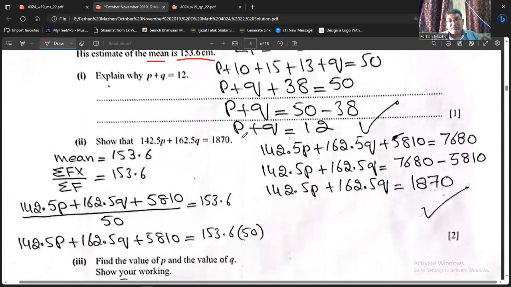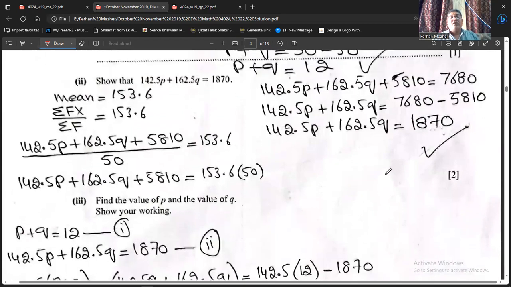Now, if you want to find the mean, the mean is already given to us, that is 153.6. So mean is summation fx divided by summation f. So it will be 142.5p plus 162.5q plus 5810, divided by 50, equals 153.6.